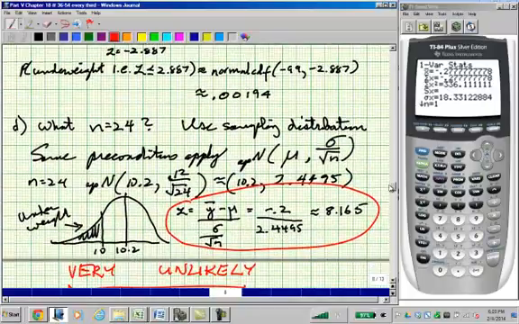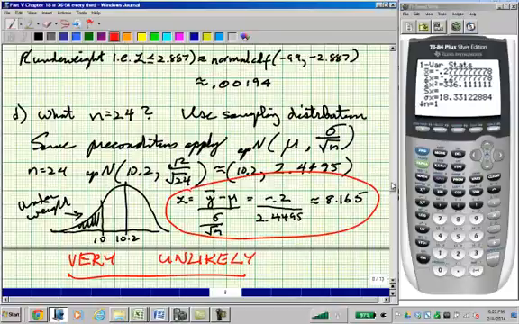Okay, now what about 24 bags? Use a sampling distribution, same preconditions apply. Approximately normal, mu, comma, sigma over the square root of n. This is the sampling distribution for quantitative data. So n equals 24. So we're going to have an approximately normal sampling distribution of 10.2 comma 0.12 over the square root of 24, or 10.2 comma 0.0245.